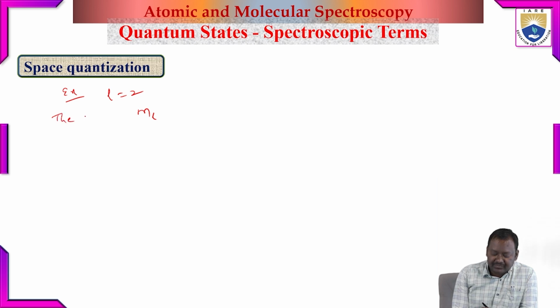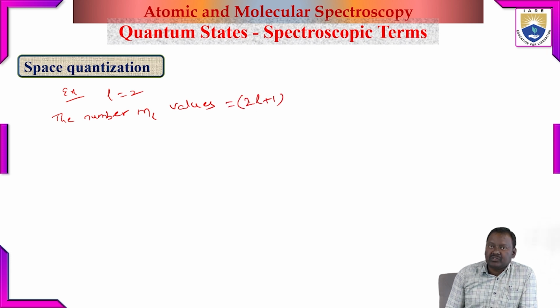For a given L value, the number of ml values will be equal to 2l plus 1. So in our example, L is 2, so 2 into 2 plus 1, that means 5 ml values.